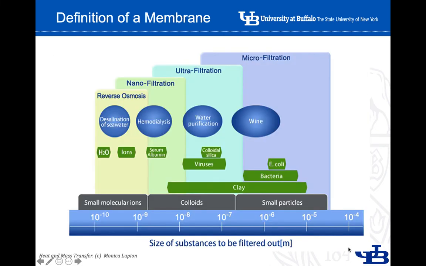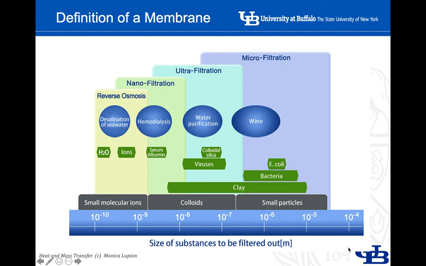I mentioned the size of the particles that we want to separate. In this slide, you can see the different approaches and methodologies that we can follow depending on the particle size of the substance that we want to separate. Starting from your right, the biggest particles, which are very small anyway, in the range of a few millimeters, even lower than that, we can separate things like bacteria, like E. coli, using microfiltration.